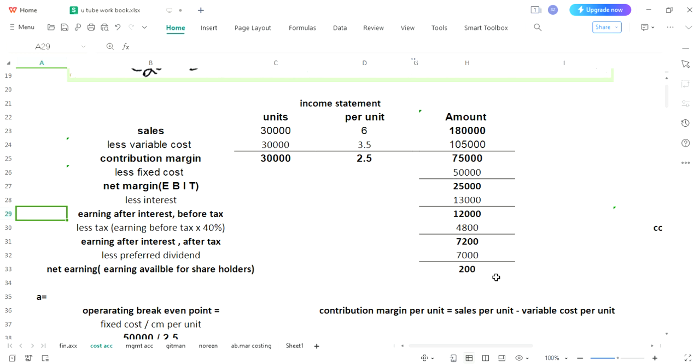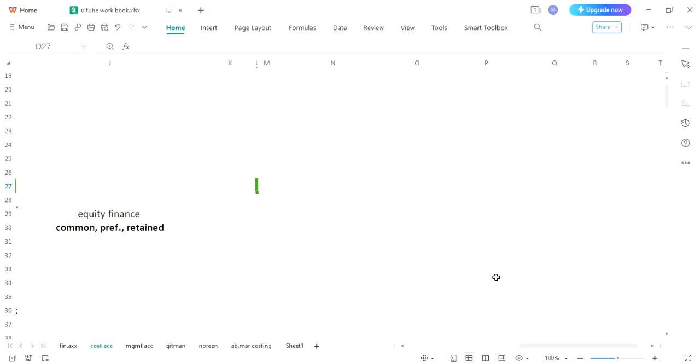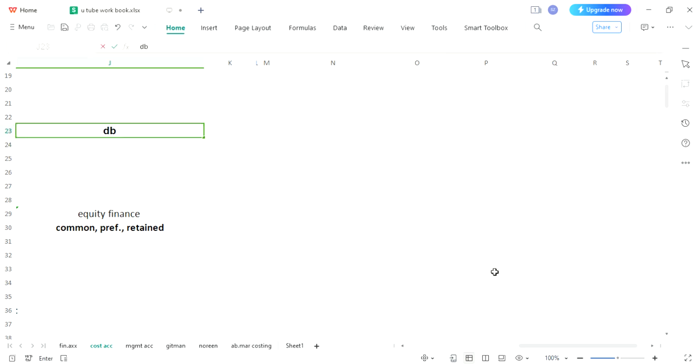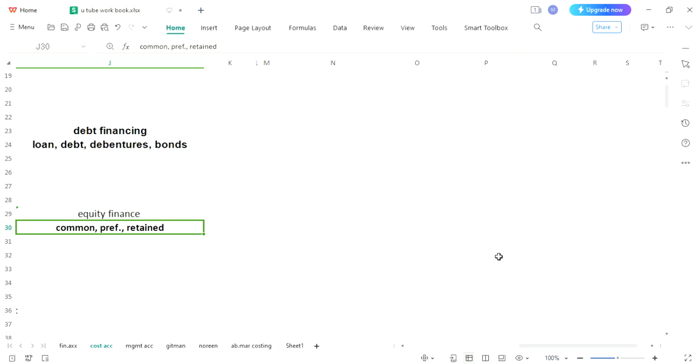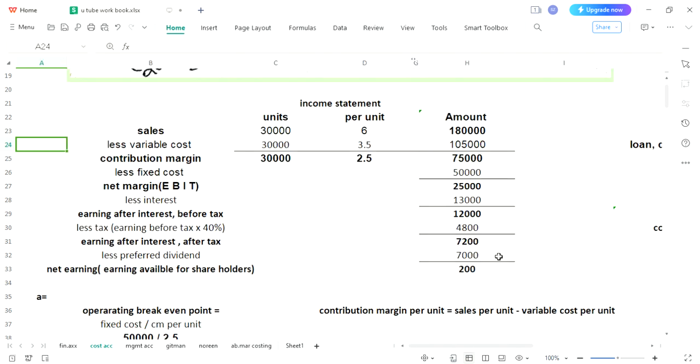And over here we have already discussed debt financing as well. When you take a loan, or there is debt, or you have issued debentures or bonds, these are your loans. Even before paying the dividend to preferred shareholders, you are responsible to pay this liability or obligation of interest on the loan. So this sequence cannot be changed.